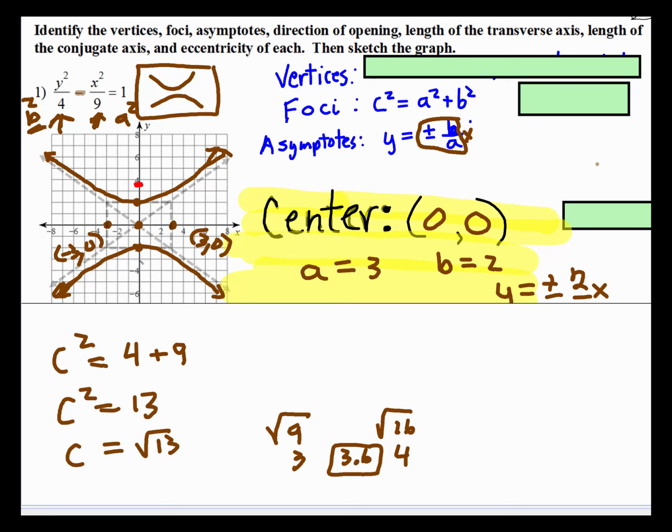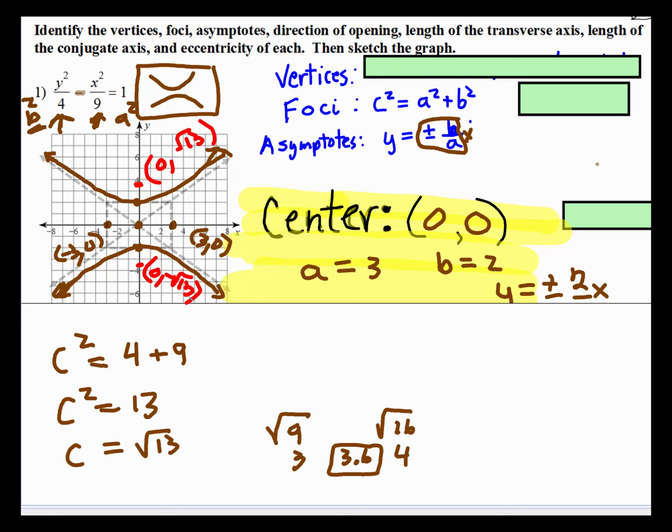Down 1, 2, 3, and a little bit more than 3.5, put a point, and that will be the focus. So the foci are 0, positive square root 13, and 0, negative square root 13. And you have identified the major pieces.